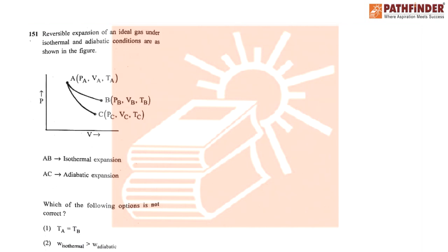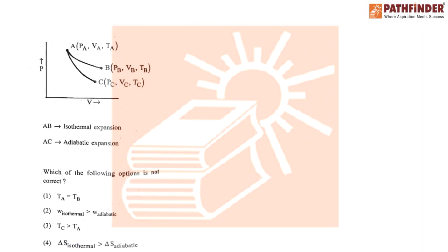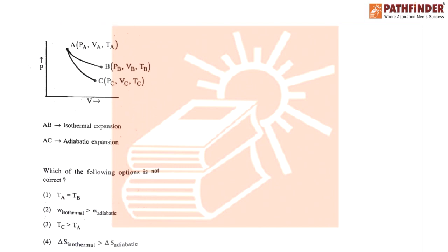151, it is a very tricky type of question. You have to know just one piece of information about it. Here it is given that AB is isothermal and AC is adiabatic. Now see the options carefully, which is not correct here.